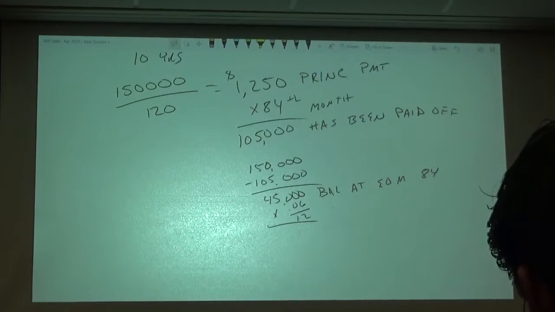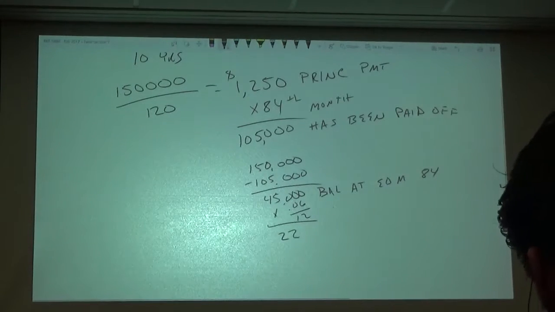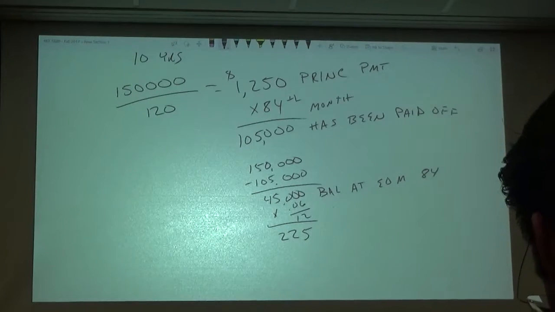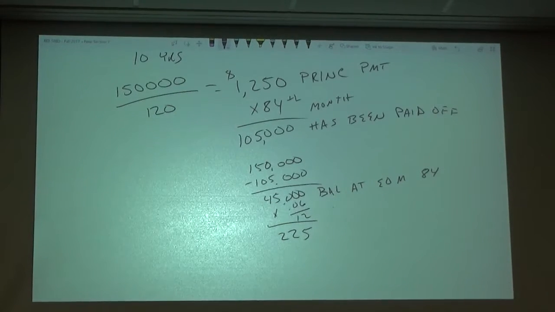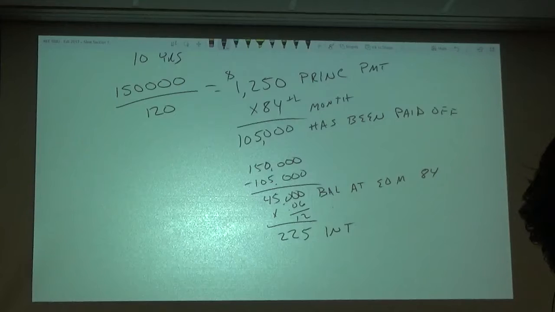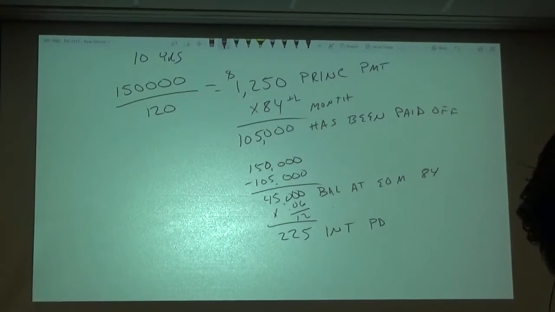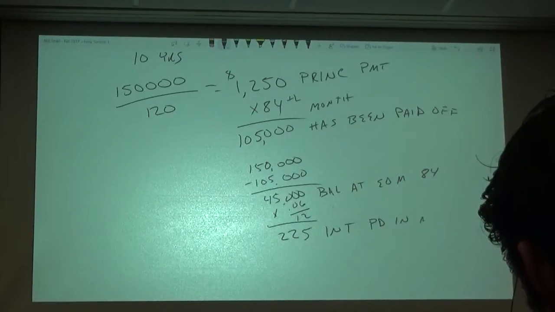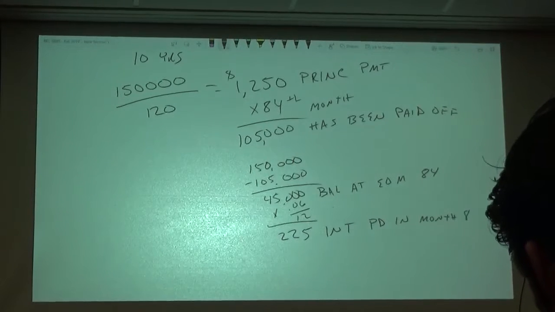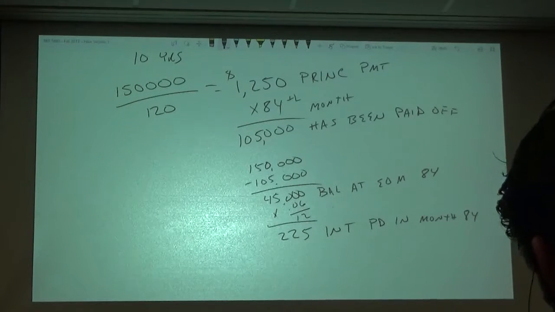And when I do that, I get $225, which is the interest paid in month 84. Does that make sense?